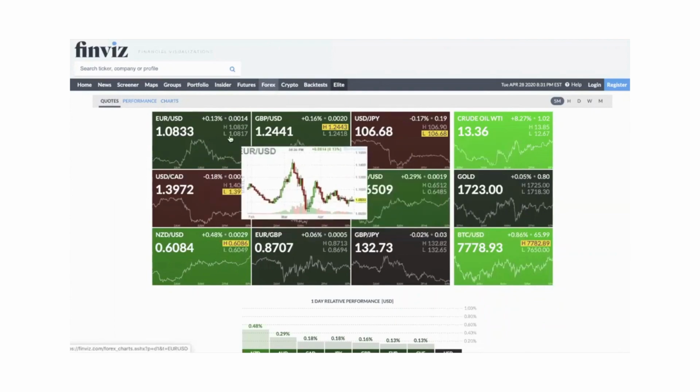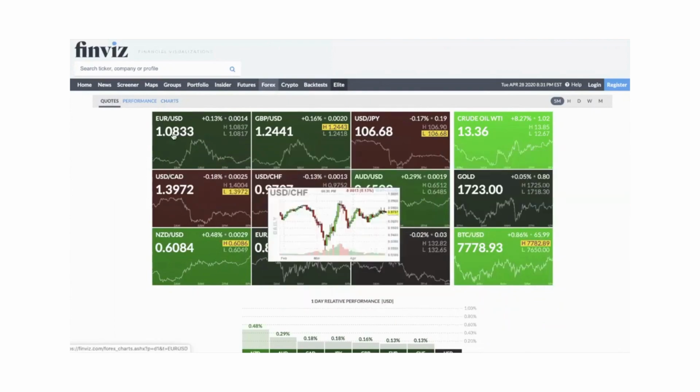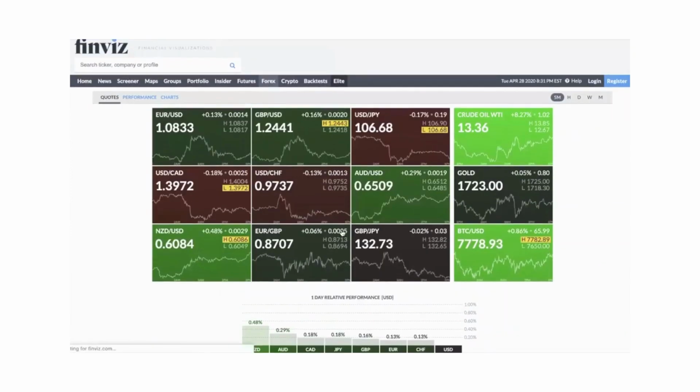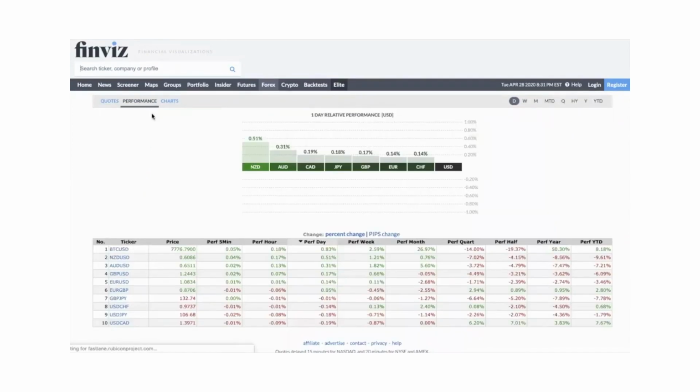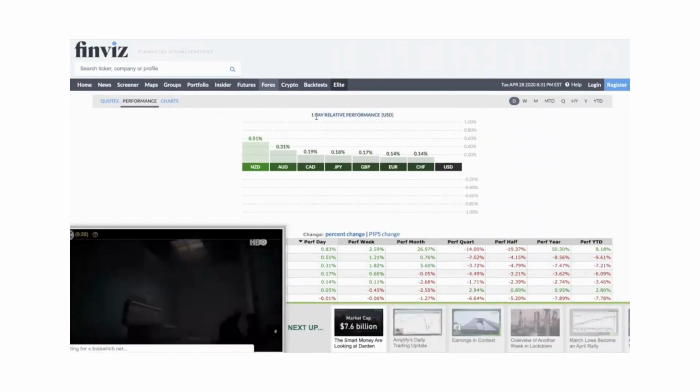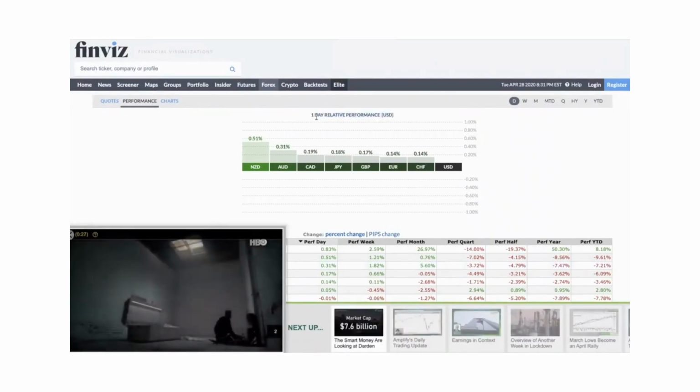the price quotations. What we're interested in is not really this area. You can check it out, but what we're interested in is actually the performance. When you come over to this tab, you are looking at the 1 day relative performance based on USD.